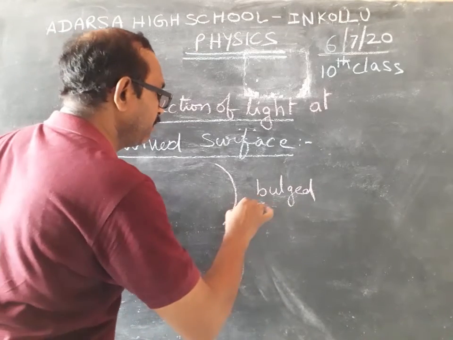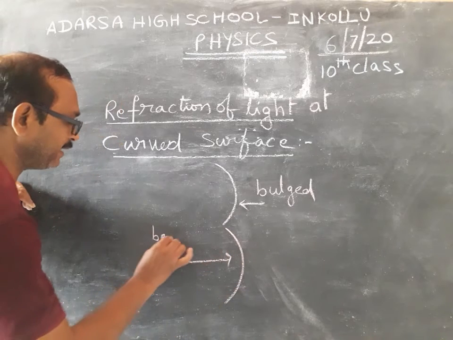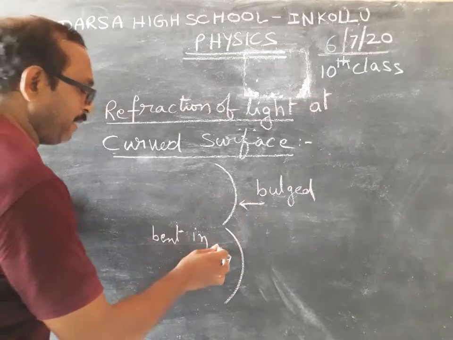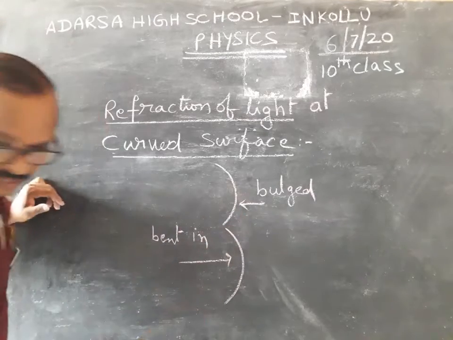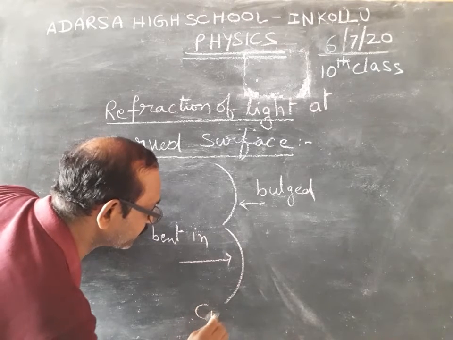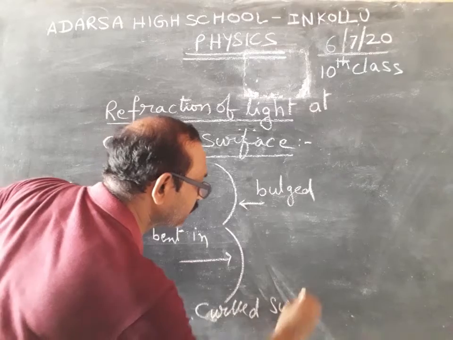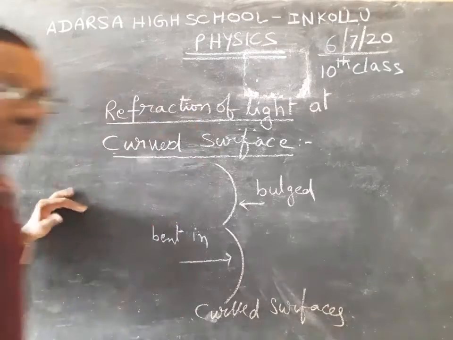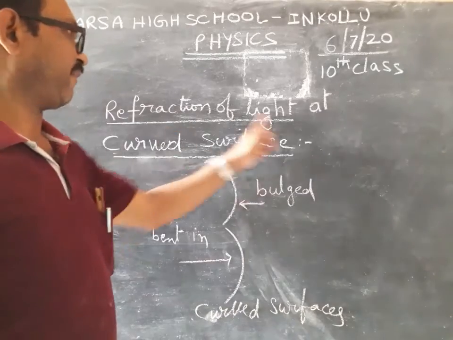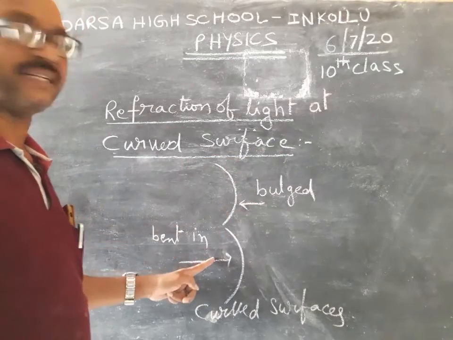This is bulged, this is bent in. Both are known as the curved surfaces. Now we are going to discuss refraction of light at a bulged surface or a bent-in surface.